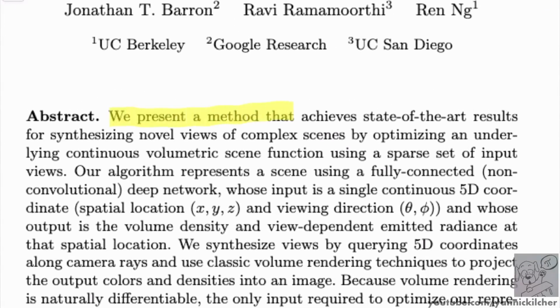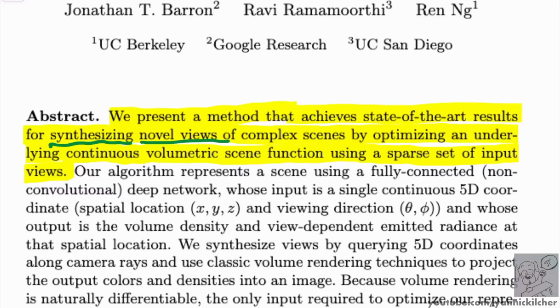We present a method, well, it is novel, that achieves state-of-the-art results for synthesizing novel views of complex scenes by optimizing an underlying continuous volumetric scene function using a sparse set of input views. So the task description is view synthesis, right? Synthesizing novel views. Also, you're given a sparse set of input views.